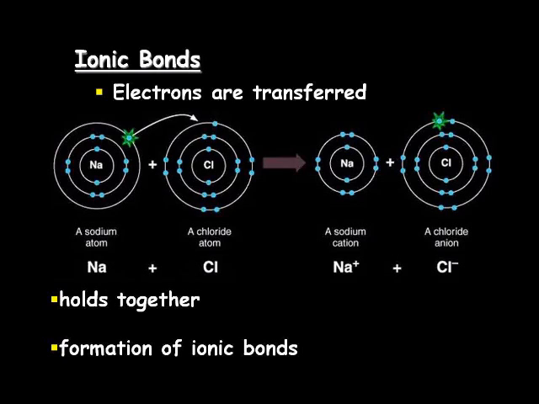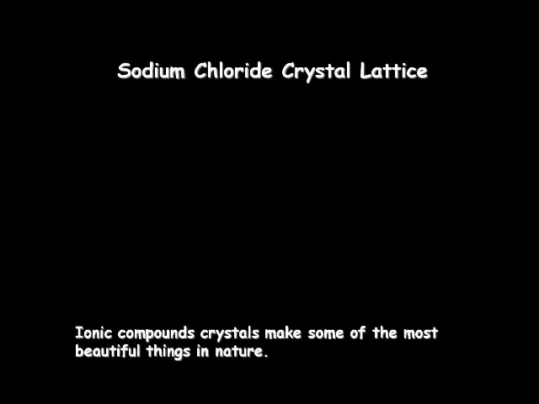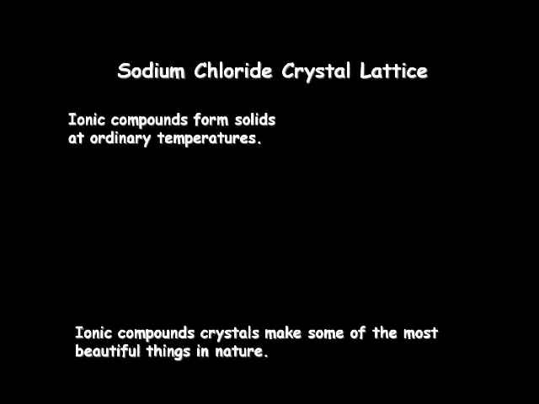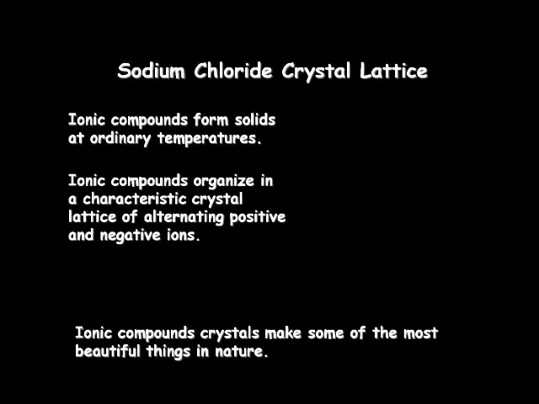Now, when you have a bunch of these sodium chloride formula units coming together, they make some of the most beautiful things in nature. These sodium chloride crystals, like all ionic compounds, form solids at room temperature.